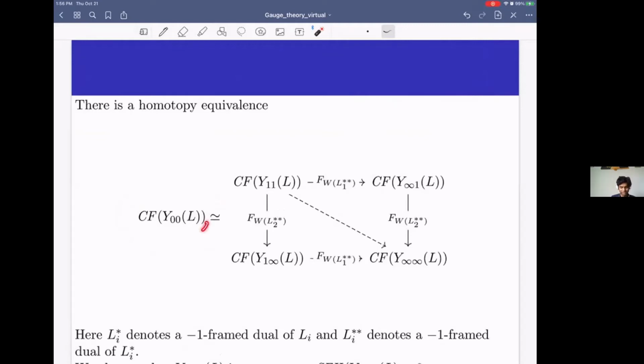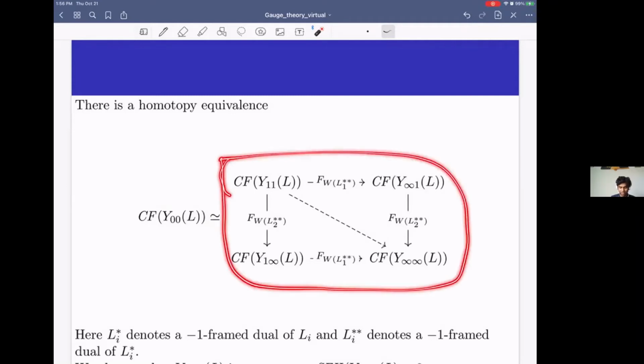So the homology of KHI minus is not coming from any chain complex, but this one is, the chain complex with slope n plus m on the connected sum. So there is a homotopy equivalence between the chain complex with (0,0) surgery with slope n plus m and this complex.